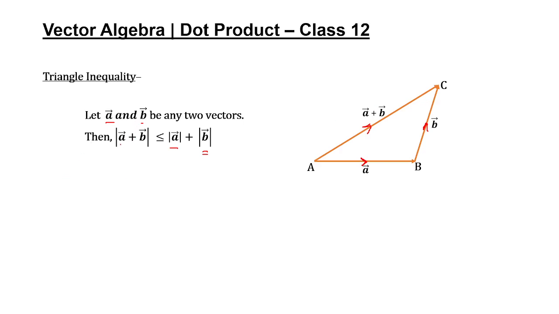it means modulus of A plus B is always less than modulus of A plus modulus of B. So it means up to this, the less than is proved. Now when will it be equal to, and how to prove this equal to also? For that, let us assume one vector A is there and another vector B is like this.